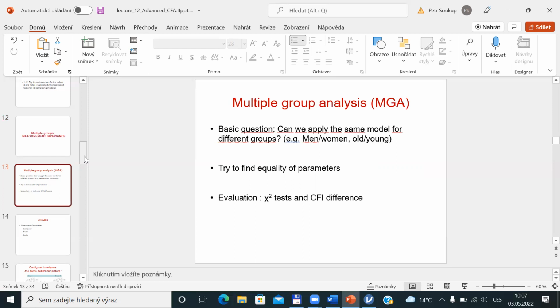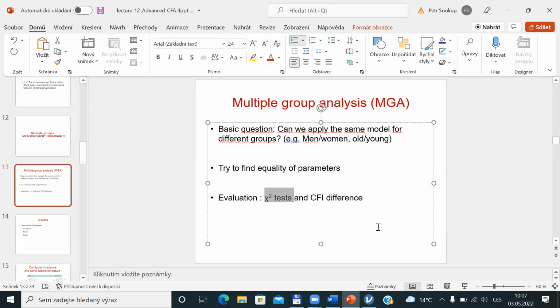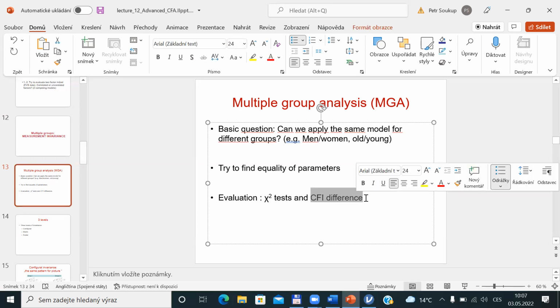There are many different approaches by which you can compare individual groups in confirmatory factor analysis, but the basic steps are usually based on the chi-square test. We know that this test is quite sensitive, so usually we do not apply these chi-square tests. The proposal from Cheung and Rensvold, an article published in 2002, is a very influential article.